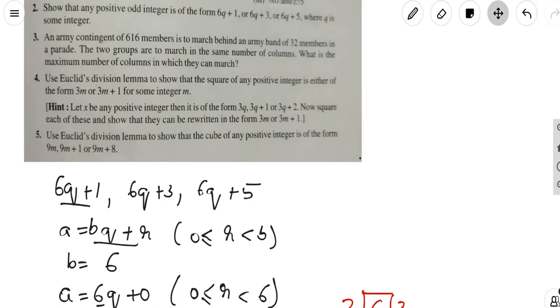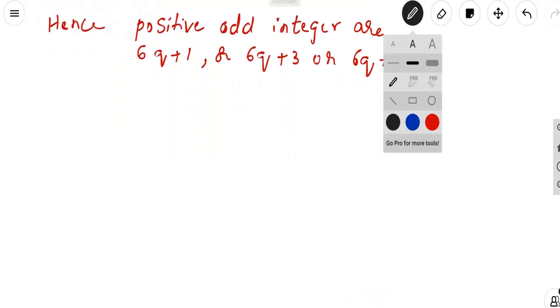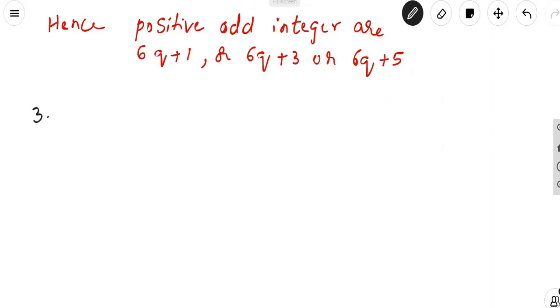So he has given two values: one is 616 members, and the other is the band of 32 members. And one more thing you have to remember: he has asked for the maximum number of columns, which means you have to calculate the HCF, that is the highest common factor.